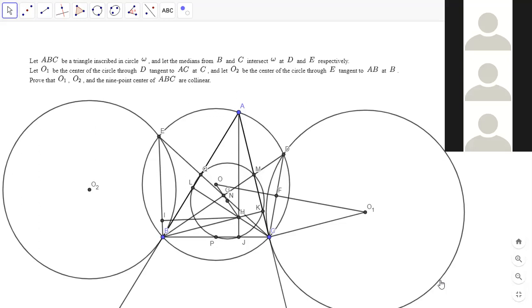So we have CD, BE, and ACE. Okay, actually, I'm not sure if that'll work.